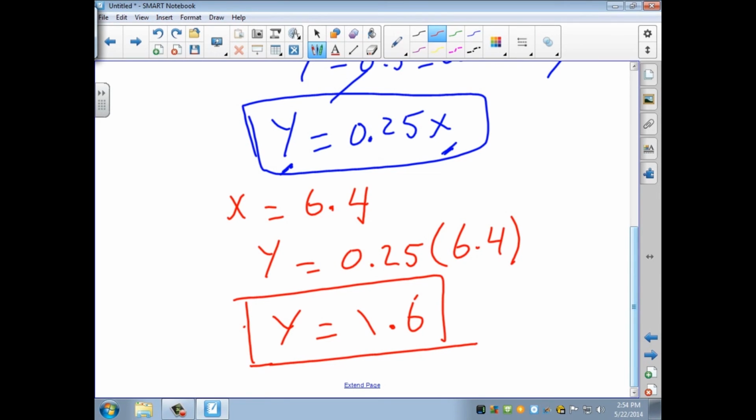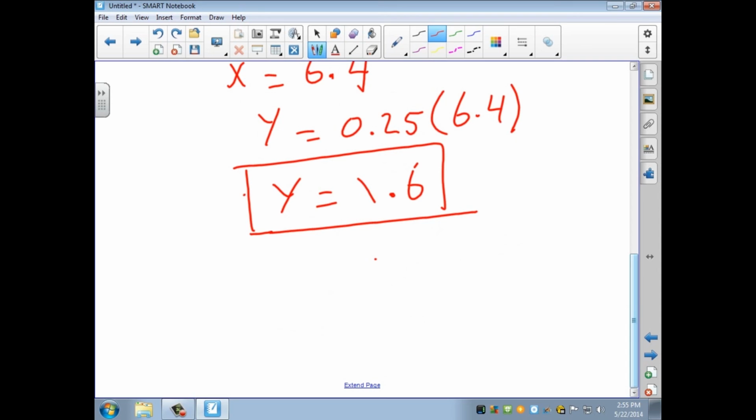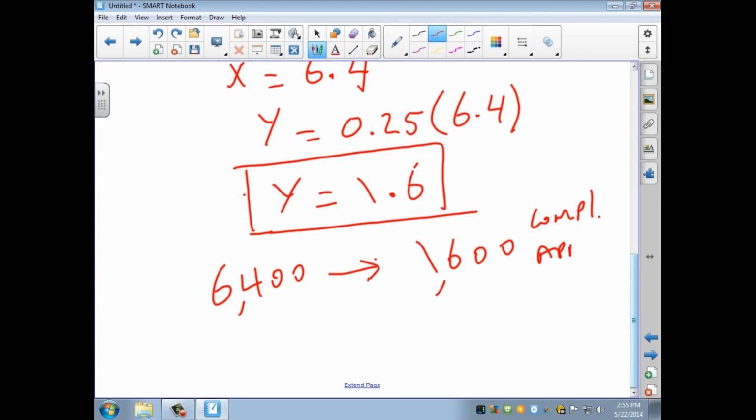So if you send 6,400 brochures, 1.6 thousand, which means 1,600 completed applications, would result. So 1,600 people would respond to that and apply and send the application fee and whatever to apply to your college.